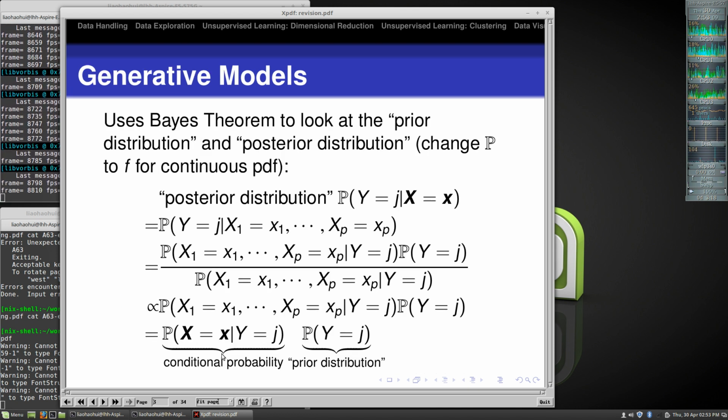Next, the class of so-called generative models. Why is it called generative?